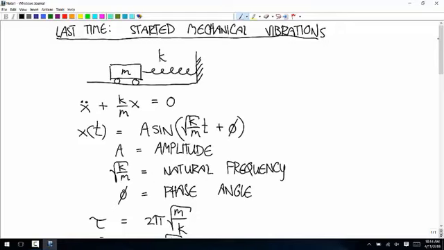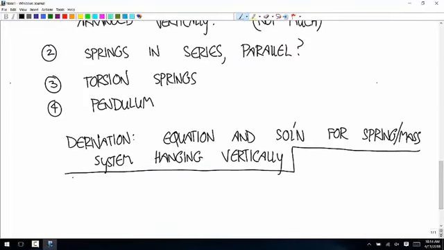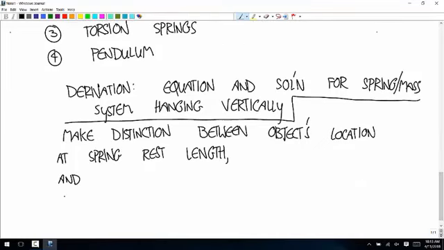Now that stuff is going to be involved, and so now we have to make a distinction between the object's location and the spring's resting length and the object's location when the system is in equilibrium.